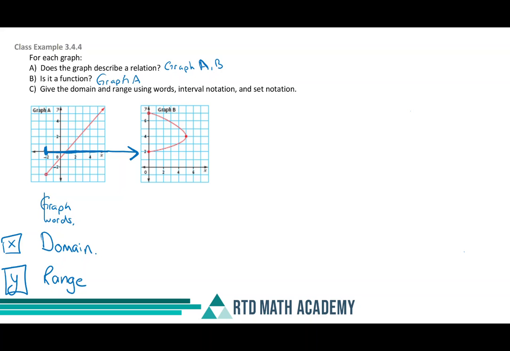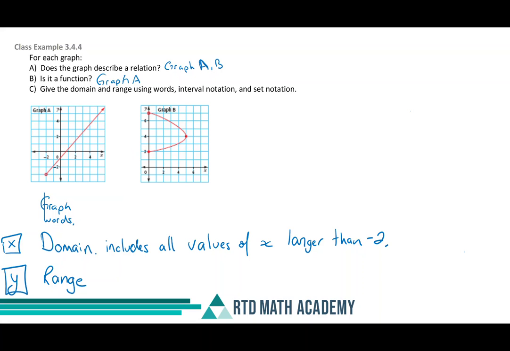I also see that it has an open dot. So our domain is going to include all values of x larger than -2. It doesn't include -2, so that's why we said larger than and not including.